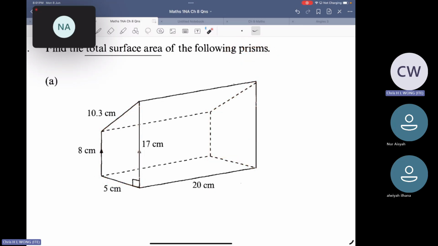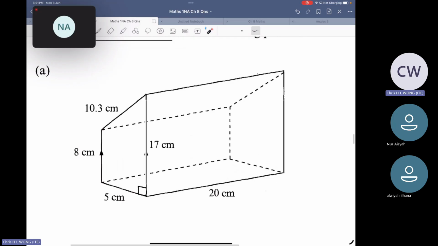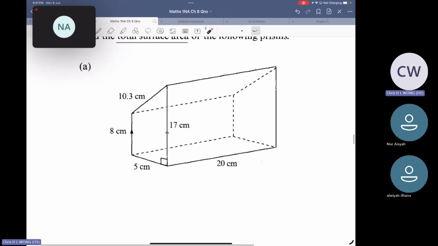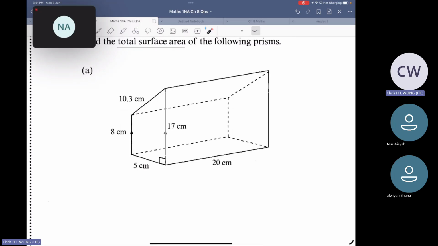Okay, now that you know that this is a prism, let us find the total area. If you want to find the total area, you got to name the areas. If I name them A, A, A, B, C, D, E, F, you also have problem understanding which one I am referring to, right?